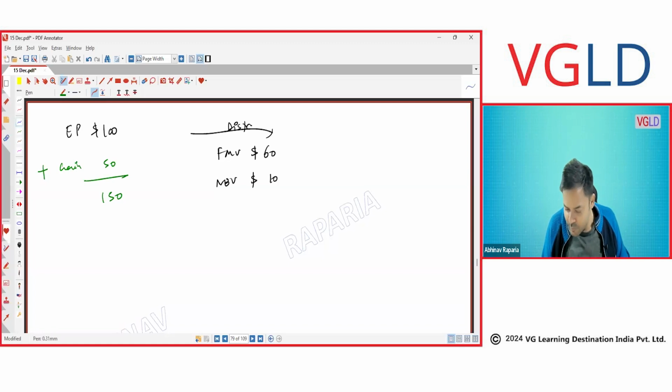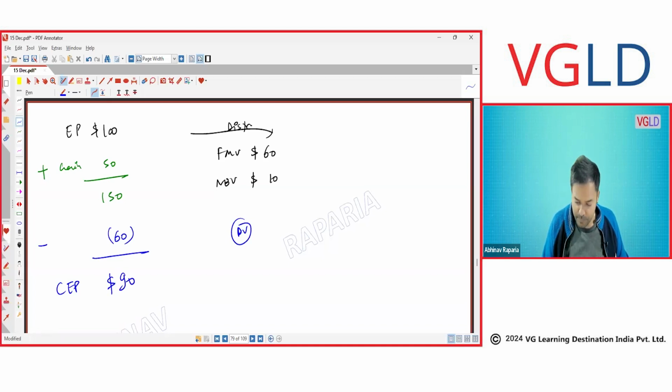How much is the distribution value here? I'll reduce that distribution value, guys. 60. So what is my closing ENP, guys? Closing ENP is 90. Is this okay or not? Everyone? We know clear? Again, the same question. For the purpose of 1 and 2, which value should I take?